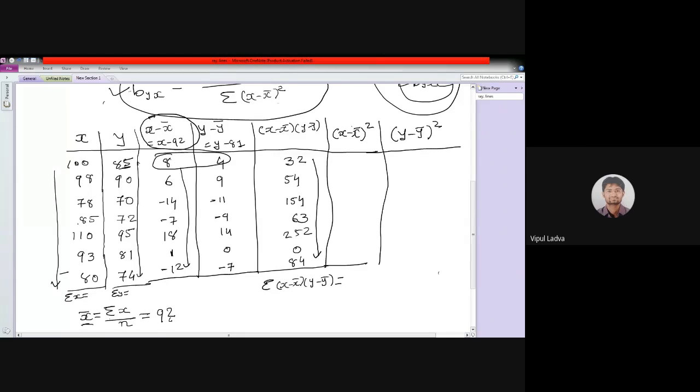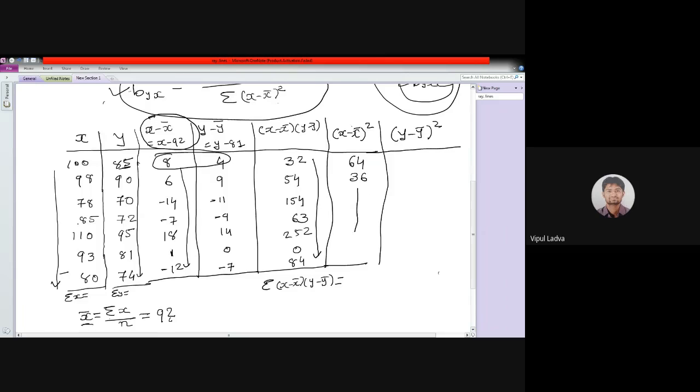What I am supposed to do is square all those numbers, and we'll mention here the square of 8, which is 64, the square of 6, which is 36, 14 squared is 196, 7 squared is 49, 18 squared is 324, 1 squared is 1, 12 squared is 144.